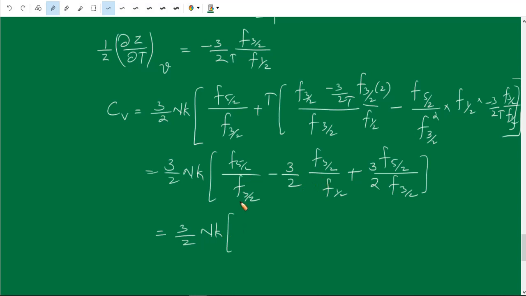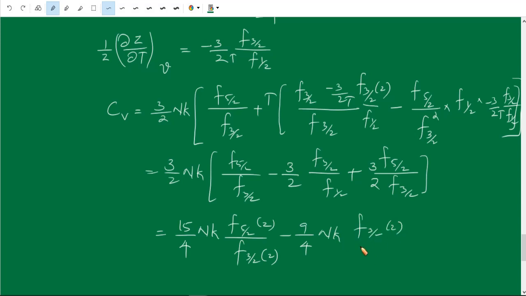So here f5 by 2, f3 by 2, so here 3 by 2 plus 1, we get 5 by 2, 5 by 2 into 3 divided by 2, so it will be 15 by 4 nk f5 by 2 divided by f3 by 2, minus 3 divided by 2 into 3 divided by 2, so 9 divided by 4 nk f3 divided by 2 of z divided by f1 by 2 of z.